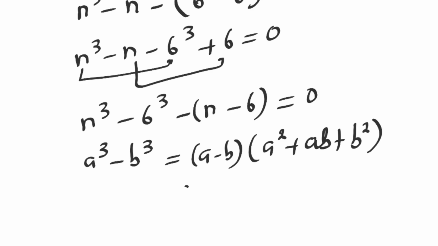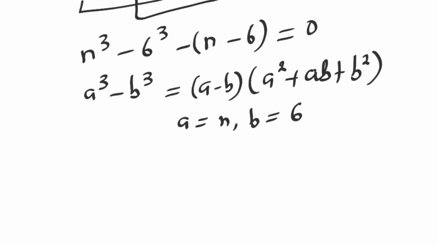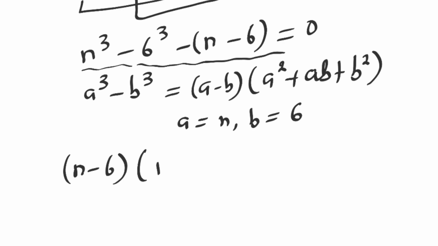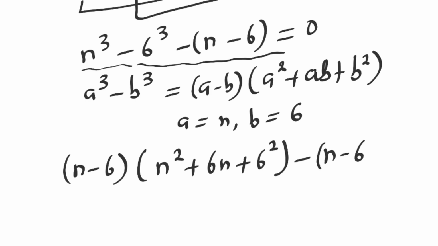Where a is equal to n and b is equal to 6, the whole of this can be written as n minus 6 bracket n square plus 6n plus 6 square, then minus n minus 6 is equal to 0.